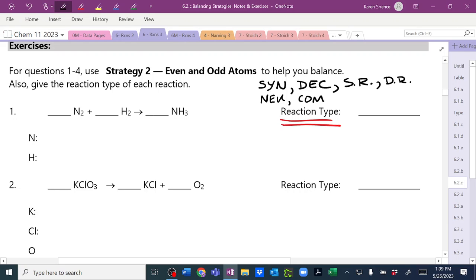If you want to write out the whole thing, you can. For single replacement, you can also specify single replacement metal, single replacement non-metal. I can't remember whether I put them both together in the answer key. So whatever you like.